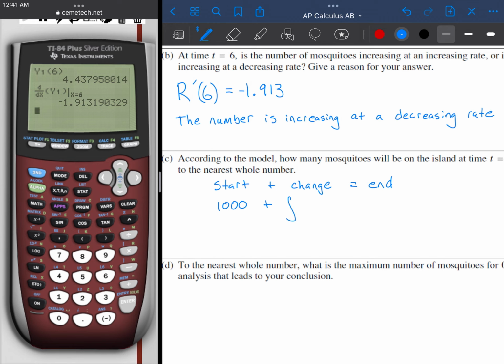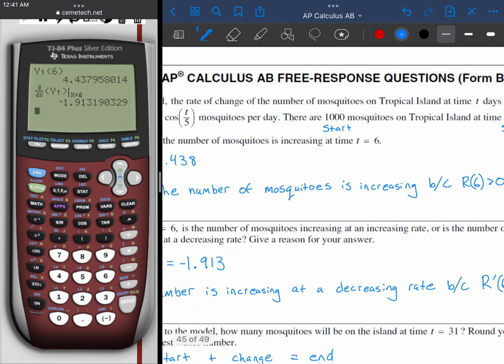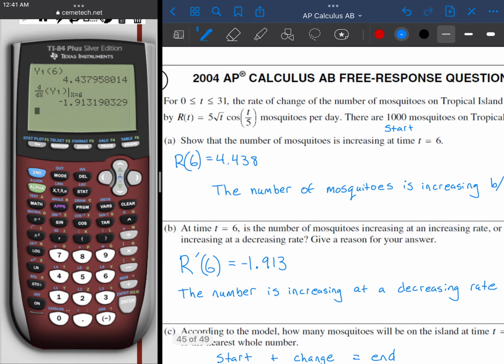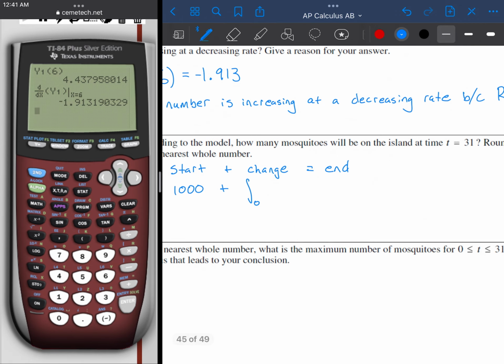So we're going to have 1,000 plus the change, the integral. I think that the time starts at time t equals 0. Does it say? Yes, it says time t equals 0. I see it up there. So time is equal to 0 to that 31 that it's asking for of that function.